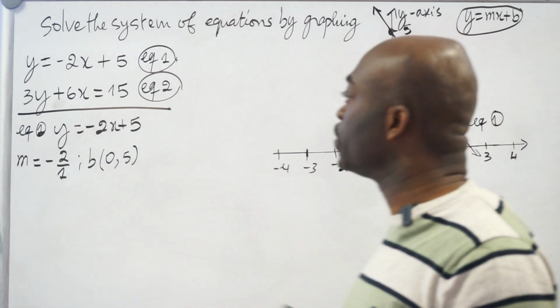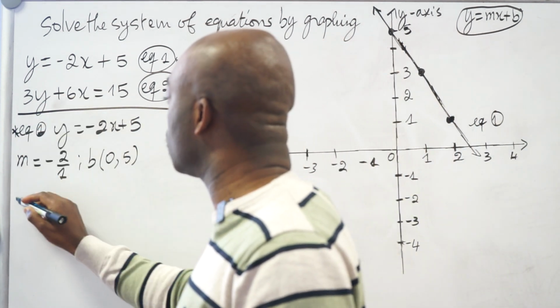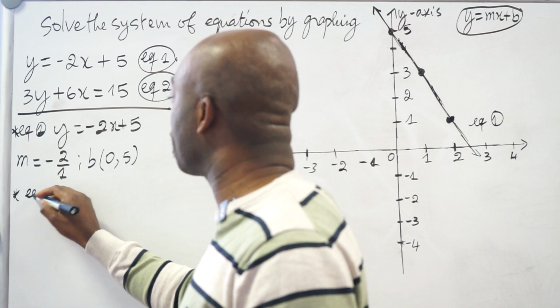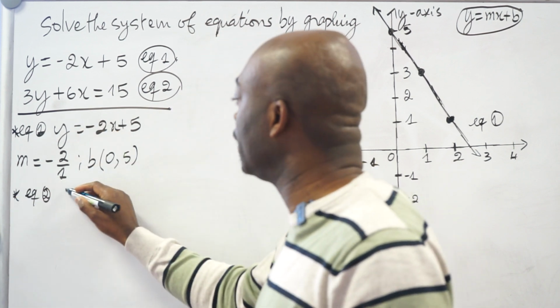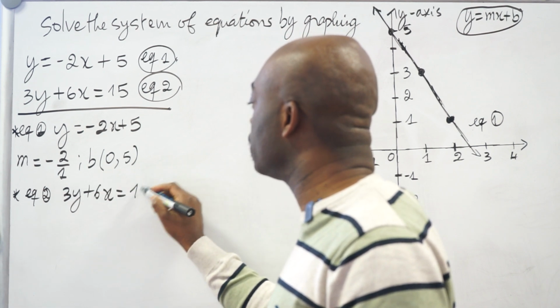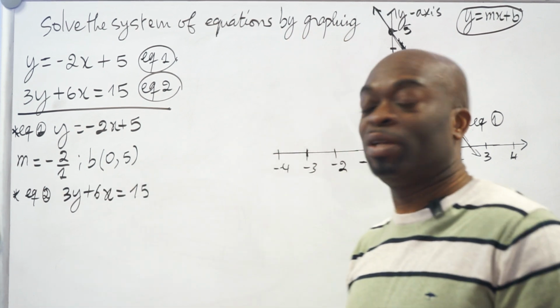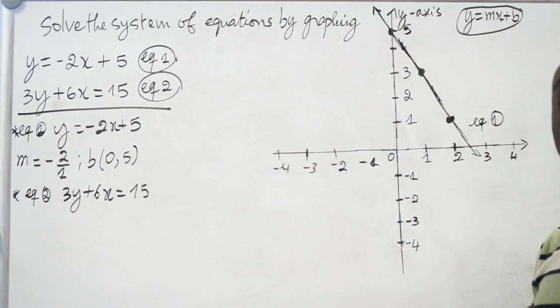For equation 2, we have 3y plus 6x equals 15. What's happening with that? We have to put it in slope-intercept form, which means leaving y alone.